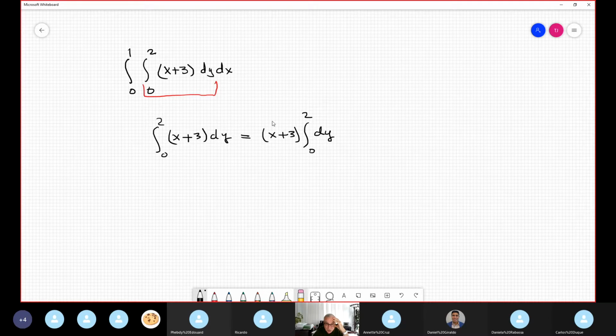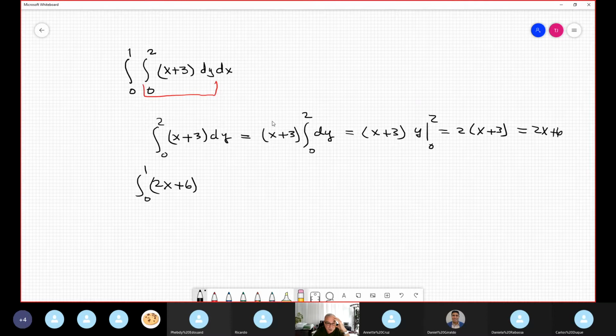Okay, entonces look, this is (x plus 3) times y evaluated between 0 and 2. When you evaluate, es obvio que es 2. Entonces 2 times (x plus 3), or 2x plus 6. Plus, not minus, plus. Okay, entonces you restore the second integral, which is the integral of 2x plus 6, now dx, which is the second part.